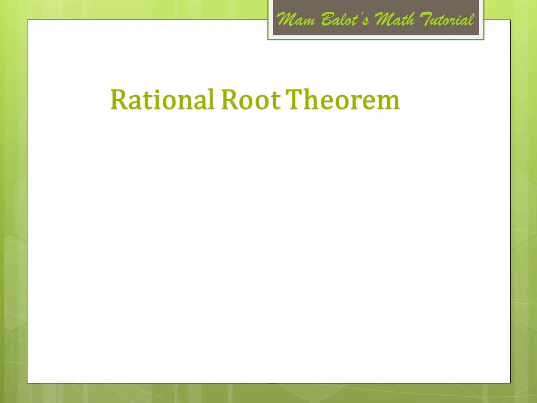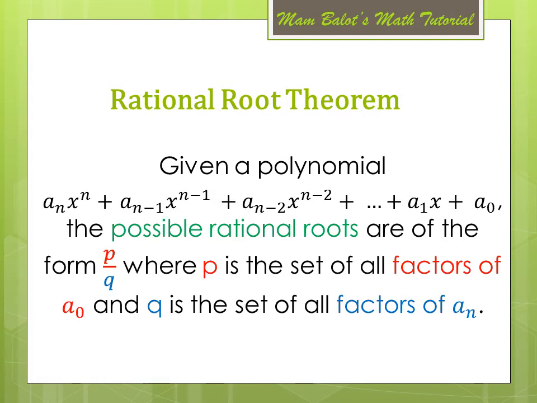Now let's move on to the rational root theorem. Given a polynomial a sub n x to the n plus a sub n minus 1 x to the n minus 1 plus a sub n minus 2 x to the n minus 2 plus and so on until plus a sub 1 x plus a sub 0, the possible rational roots are of the form p over q, where p is the set of all factors of a sub 0 and q is the set of all factors of a sub n.